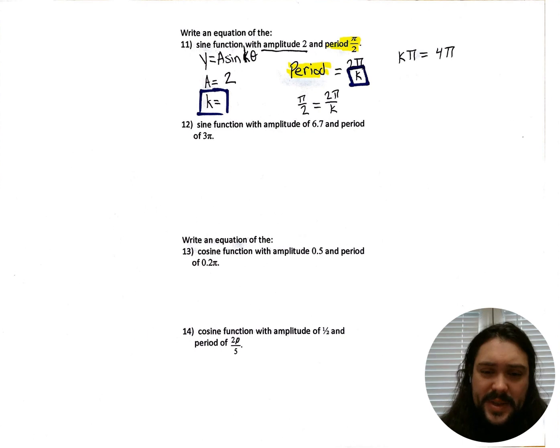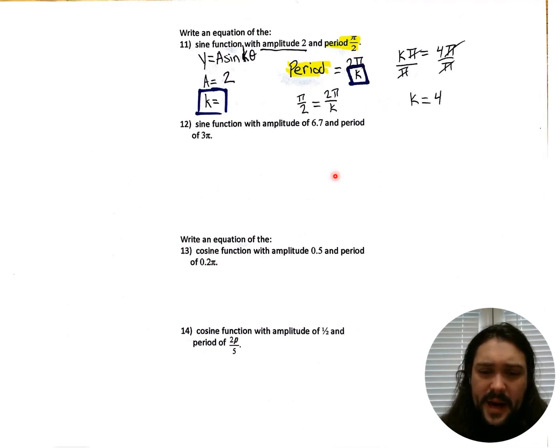So pi times K equals 2 times 2 pi or just 4 pi, and then solve for our K value by dividing pi on both sides. Divide pi on both sides, and we're just left with K equals 4. So there's our K value.